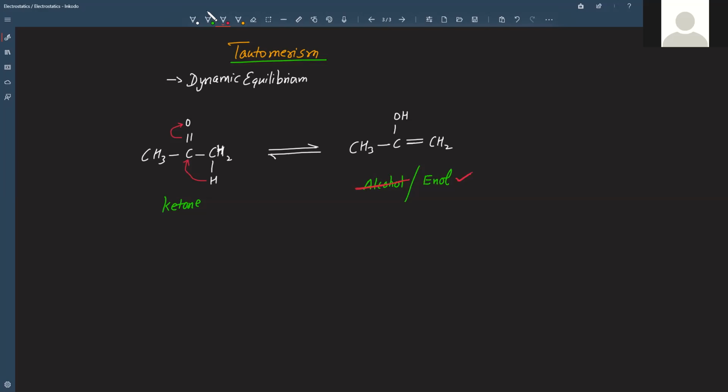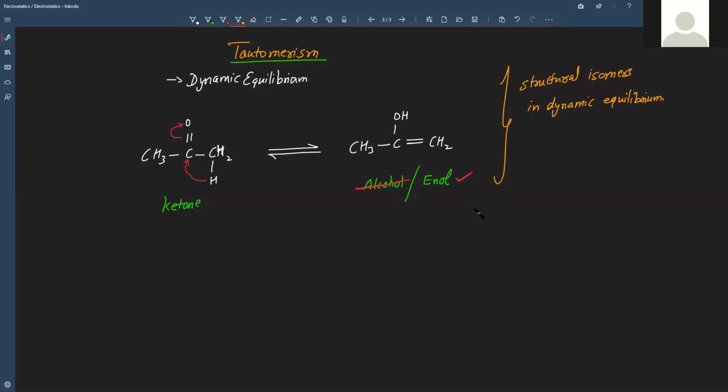If we have to define tautomerism, we can say this is nothing but structural isomers in dynamic equilibrium. That's what tautomerism is.